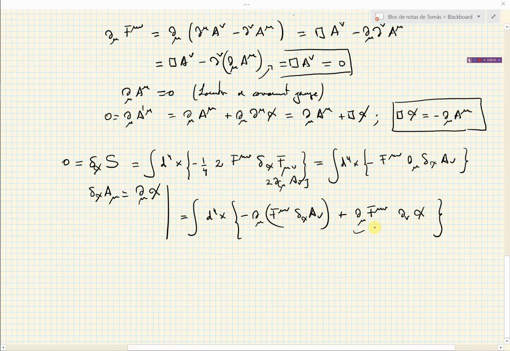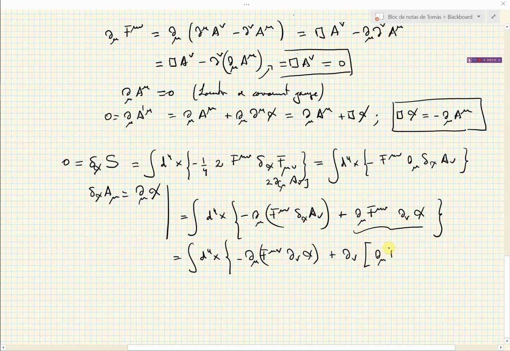Now I want to integrate this by parts again. For chi I can also write this, so I have another partial derivative of partial mu F mu nu chi minus partial mu F mu nu chi.